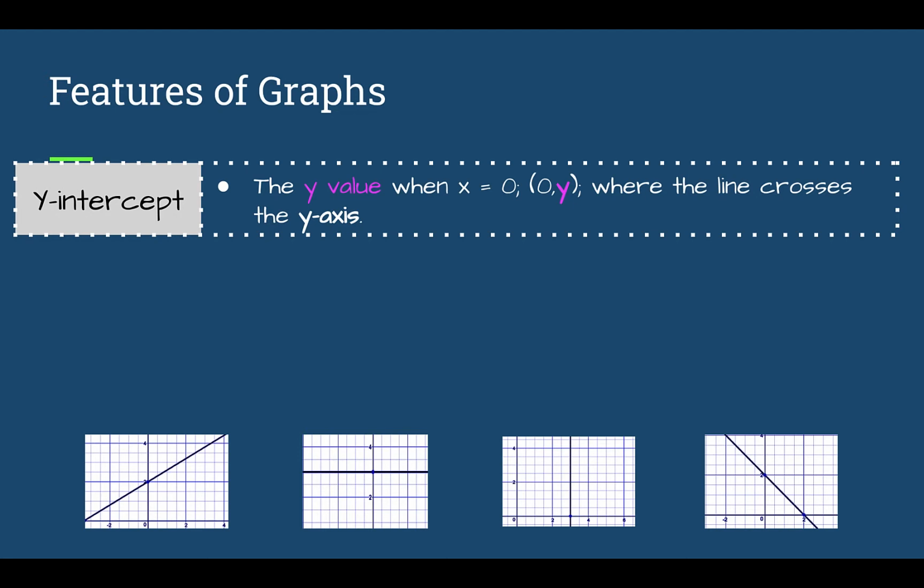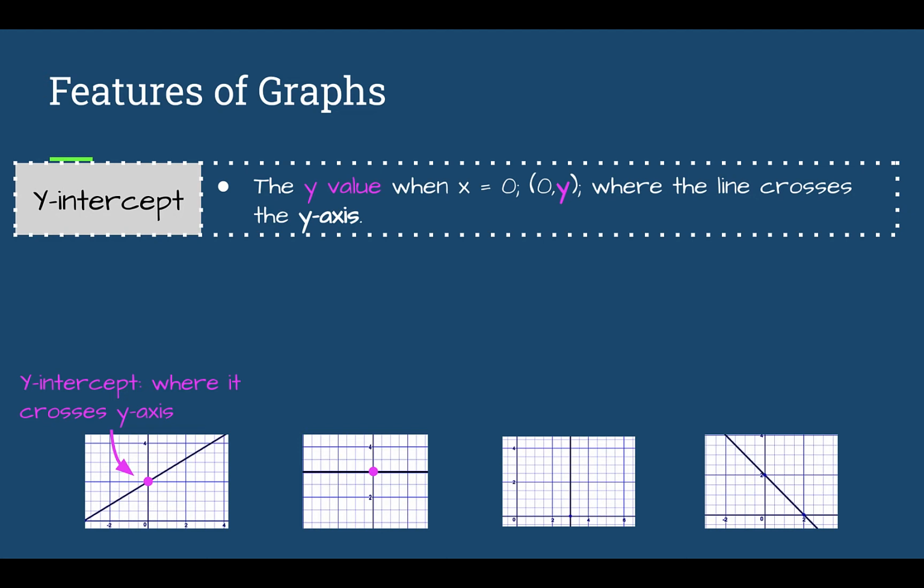Below we have 4 different types of graphs. The y-intercept is where it crosses the y-axis. So that dot right there, that is 5 up, is our y-intercept. The y-intercept in this case would be plus 5. In the second one, that horizontal line crosses at 3 up. If you look closely, it's halfway between 2 and 4.